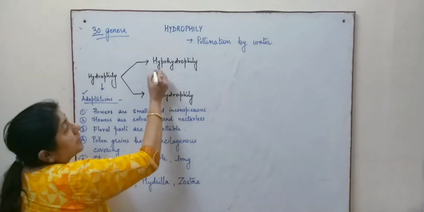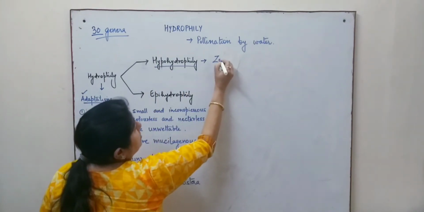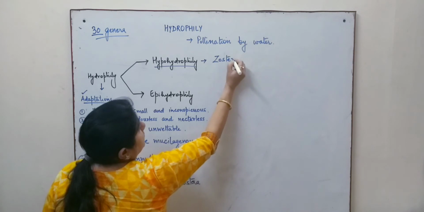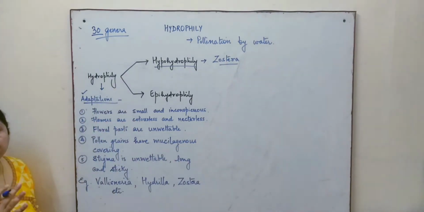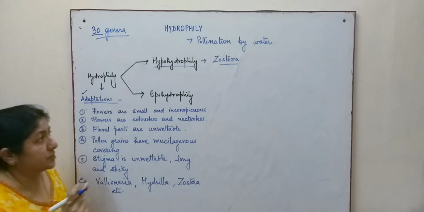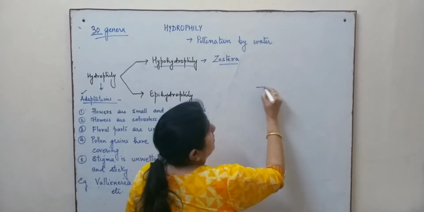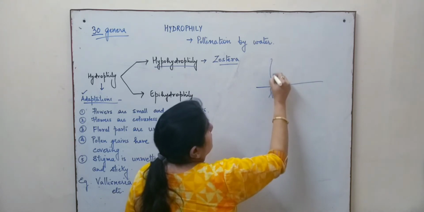Coming to hypohydrophily, the example is Zostera. Zostera follows hypohydrophily. These are completely submerged rooted plants. If you see over here, these are the rooted plants.